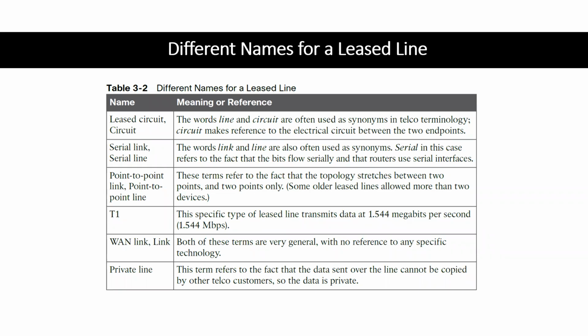All of these things mean the same exact thing. So if you hear somebody say a different term on this list, it means the same exact thing. I won't go through each bullet point; you can take a look at the recording. But again, these are the different names for a lease line.